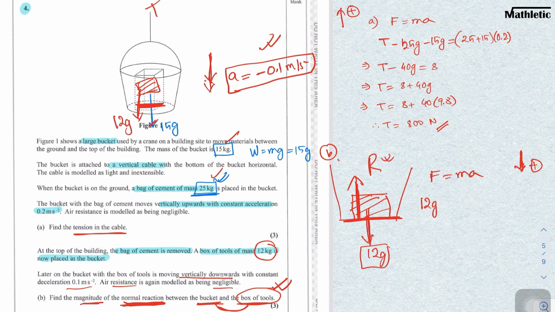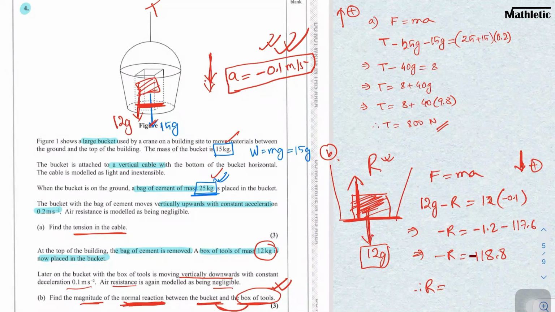The reaction is upward, so minus R. Mass of the box of tools only, that's 12. A is minus 0.1. So the normal reaction force is 119.